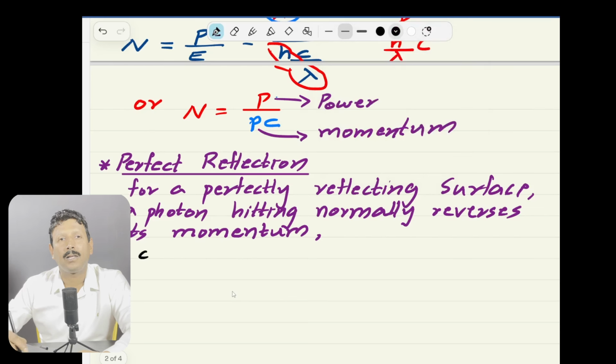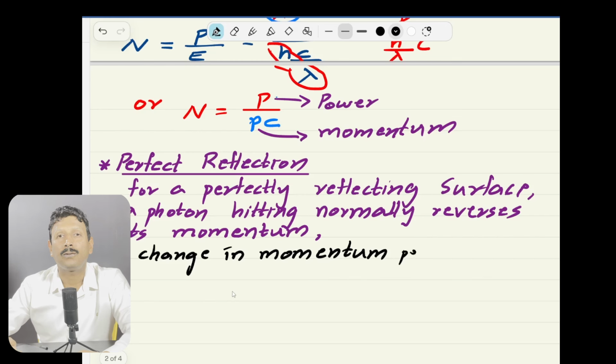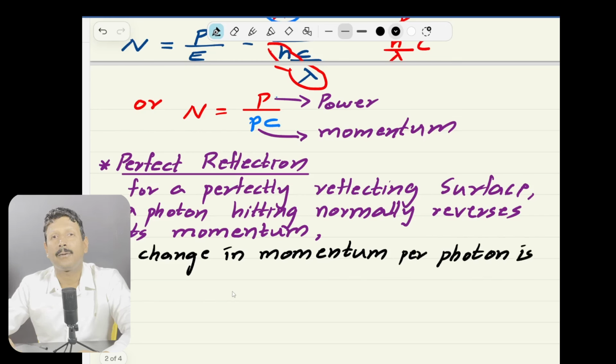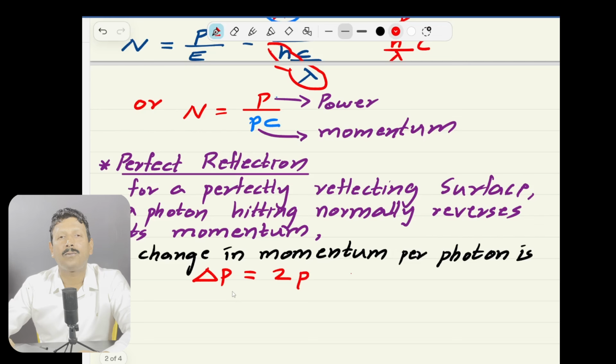Now the change in momentum. If you remember the pressure exerted by a gas, a similar calculation of change in momentum was there. The change in momentum per photon is delta p, where delta stands for change. So delta p is equal to 2 into p, where p is the momentum of the photon.